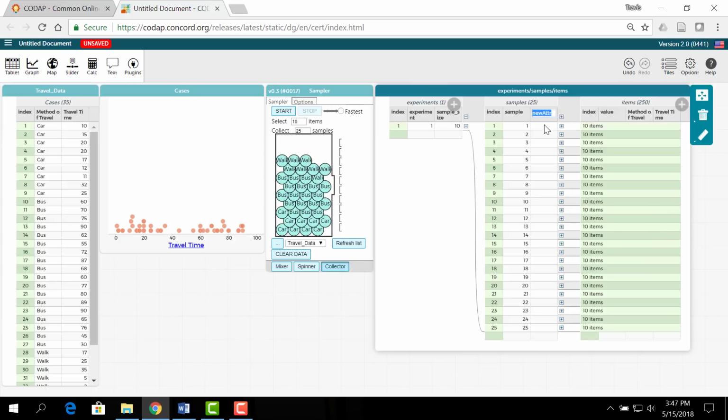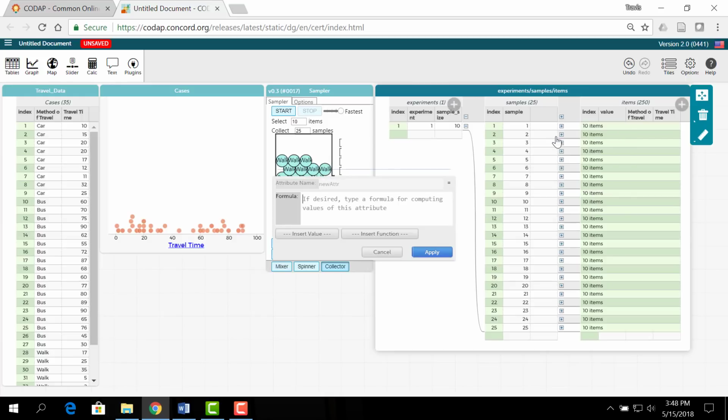To do that, I have to add an attribute to our samples, and we'll just call this sample mean. Then we have to tell it what we're going to calculate with that. In this case, we want to calculate the mean, which in this program we do by telling it to collect a mean.